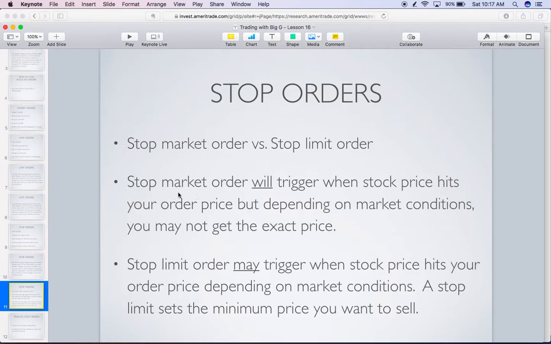And remember, market orders are based on the current price, okay? When you do a stop limit and your activation price is hit, your stop order becomes a limit order. And in this case, you're saying that I want to sell this stock at this minimum price, okay?